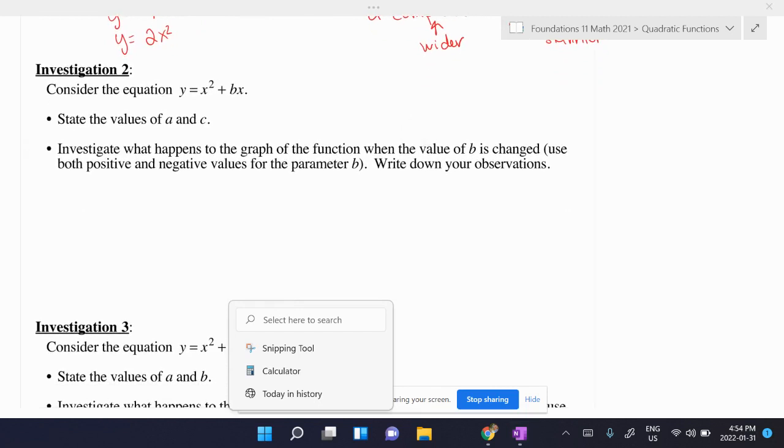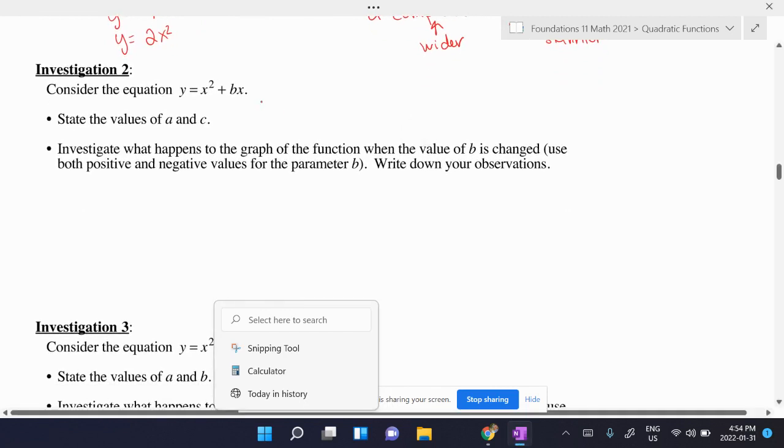Now, for y is equal to x squared plus bx, we're going to try to figure out what a and b are first. So y is equal to ax squared plus bx plus c.